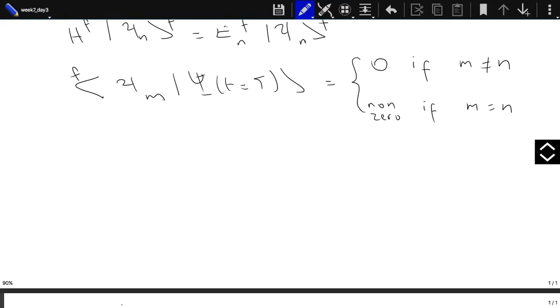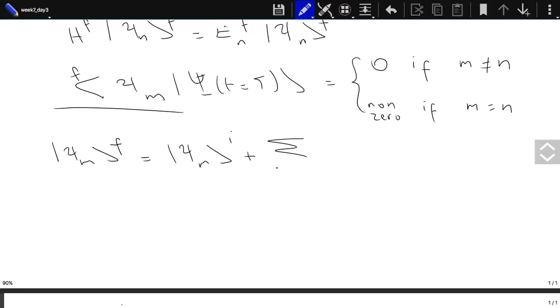Now, we need two quantities over here. One is this one, psi_m^f. And if V is sufficiently small, then we can use the time-independent perturbation theory. And if you remember, in the time-independent perturbation theory, this is nothing but psi_m, the initial state, plus the corrections. The corrections are the sum over all other states k of V_km divided by E_k minus E_m.